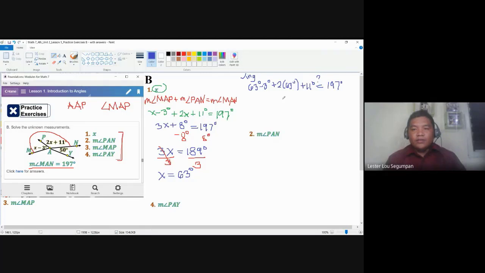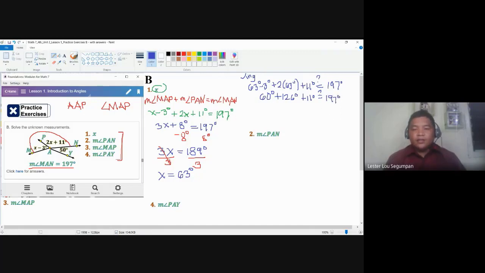So you have 63 minus 3. I could change it already to 60 and then plus 2 times 63 is 126 degrees if I'm correct, plus 11 degrees, still question mark. We don't know yet if it's really equal to 197, and then 137 degrees here.